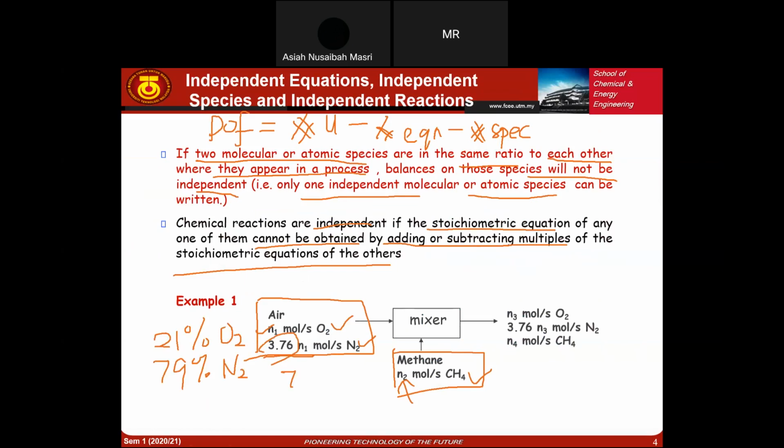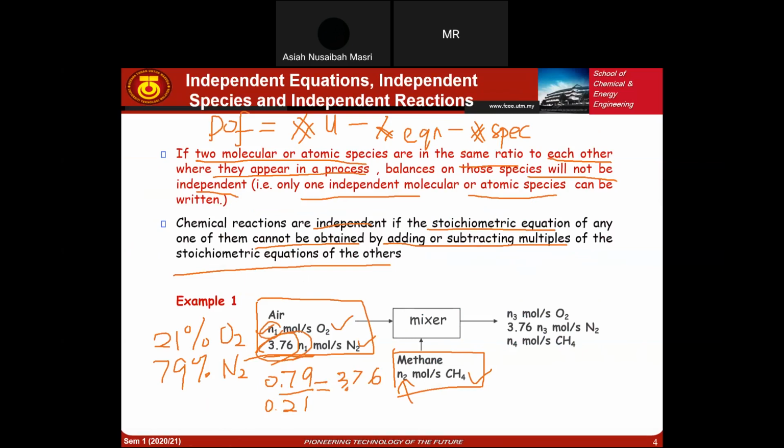That will be 79 over 21, or we can write 0.79 over 0.21, and that will equal 3.76. So this is how we got this 3.76. If we have N1 of oxygen, then there should be 3.76 times N1 of nitrogen because of the ratio that is always consistent in air.